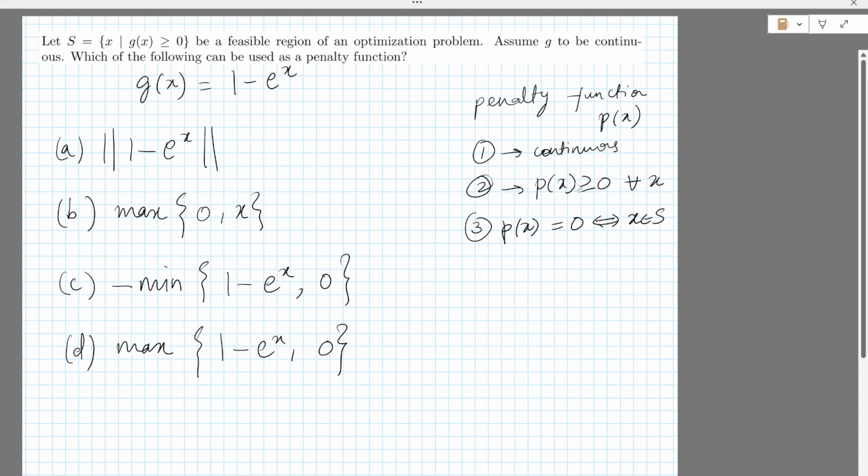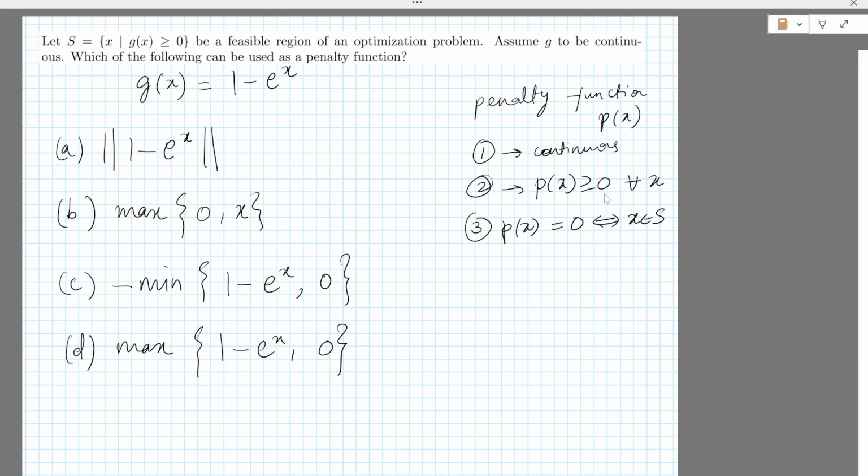I thought it would depend on whether we are minimizing or maximizing. The way we defined it, it was for the minimizing type. So let's assume that this is for minimizing.